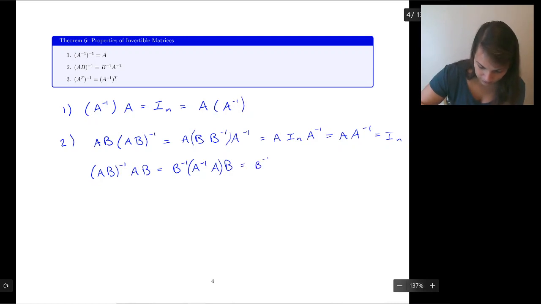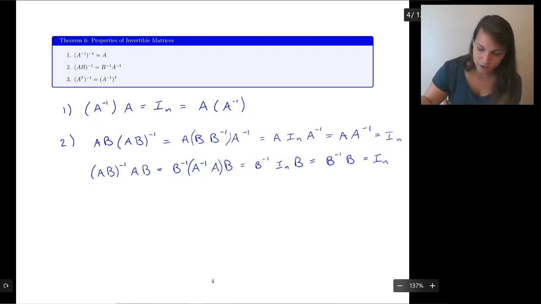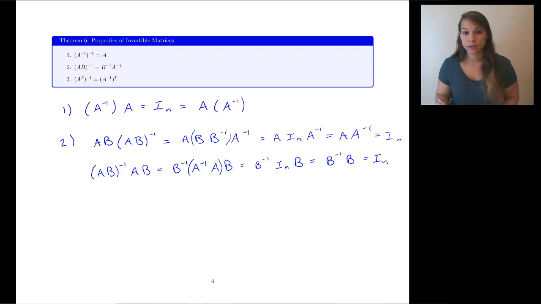So that's going to be B inverse times I times B. And then you just get back whatever you multiply the identity matrix with. Okay. So it worked that way too. And that's the reason we have to flip them. Otherwise, you end up with A times B inverse, and that's not the identity matrix.